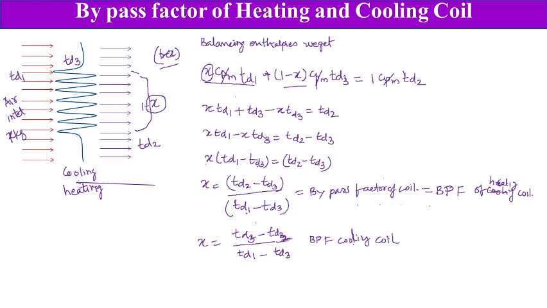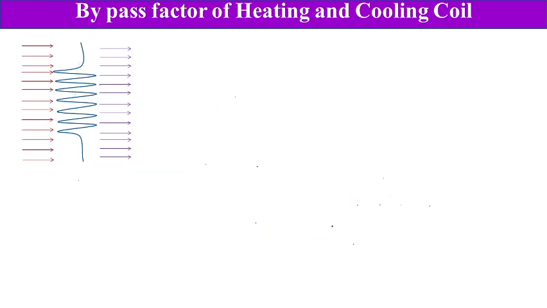So here what we can see is the difference of temperature of air coming at outlet and temperature of coil, maybe heating coil. So this difference is in numerator, whereas the temperature of heating or cooling coil minus temperature of air at inlet is in the denominator. So this if we find, that is called the bypass factor. So now let us consider the efficiency.